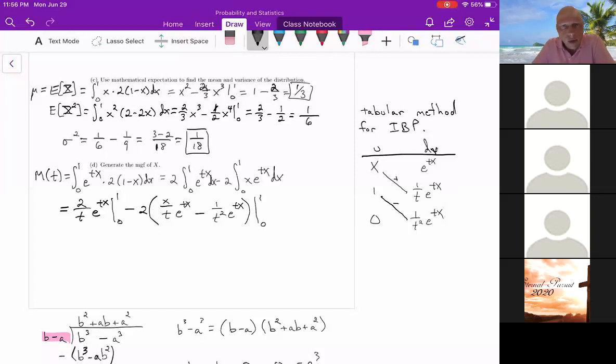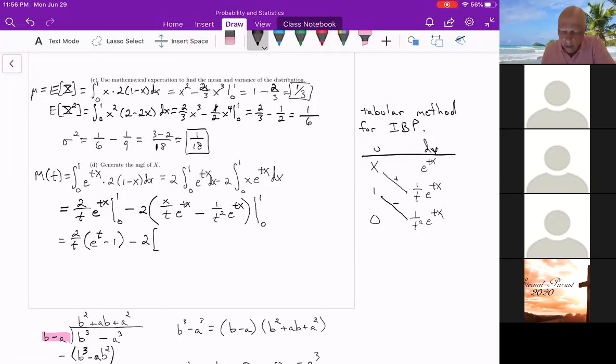And so we're evaluating x, not t, from 0 to 1. So we're going to get 2 over t e to the tx at 1 is e to the t minus e to the 0 is 1, minus 2.